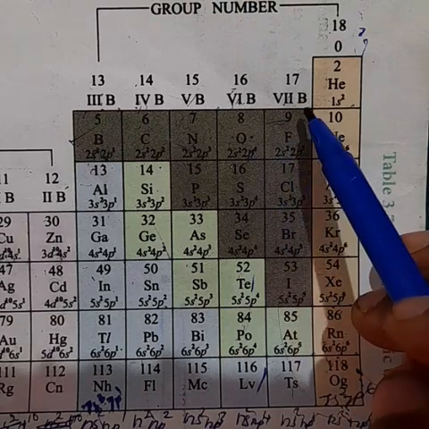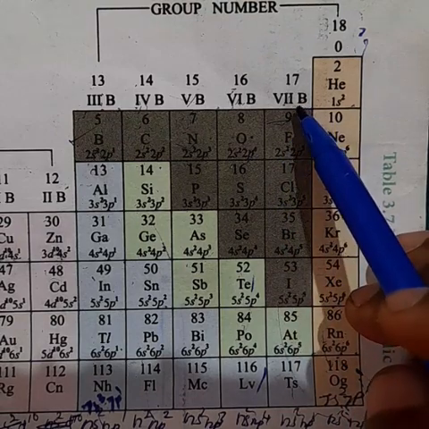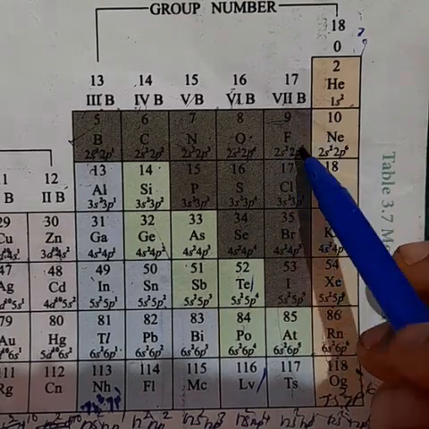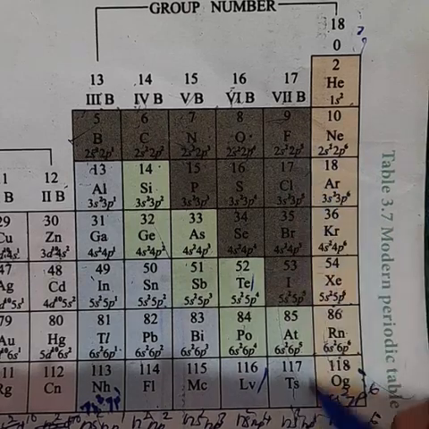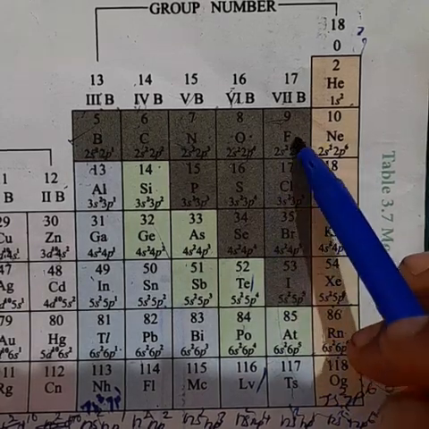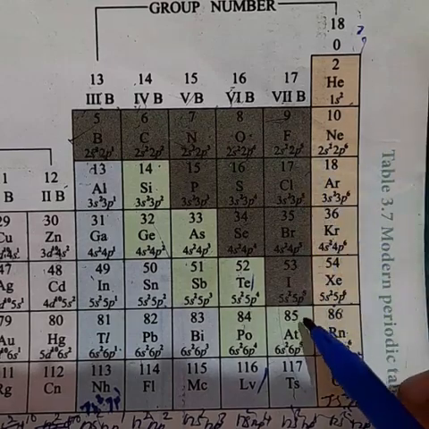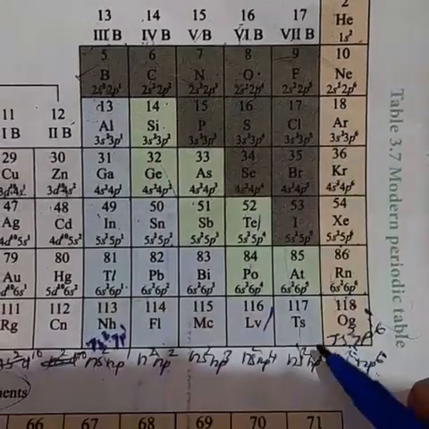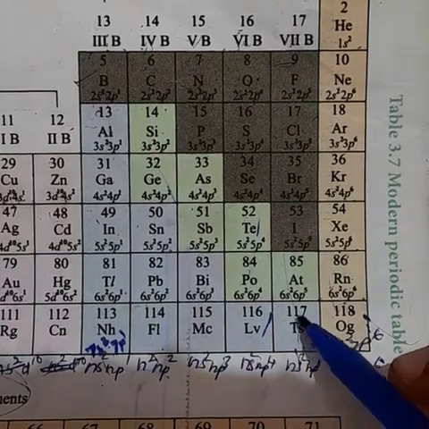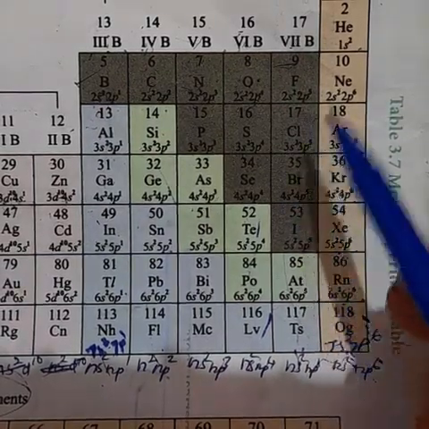Group 17 elements are all halogens: fluorine, chlorine, bromine and iodine, and with similar electronic configuration, astatine and tennessine. Understood? These are about the P block elements.